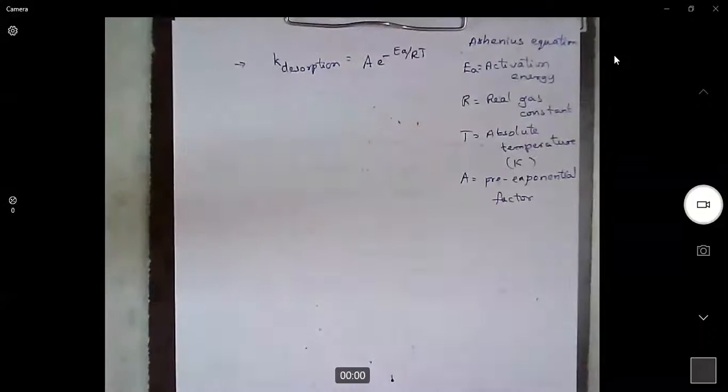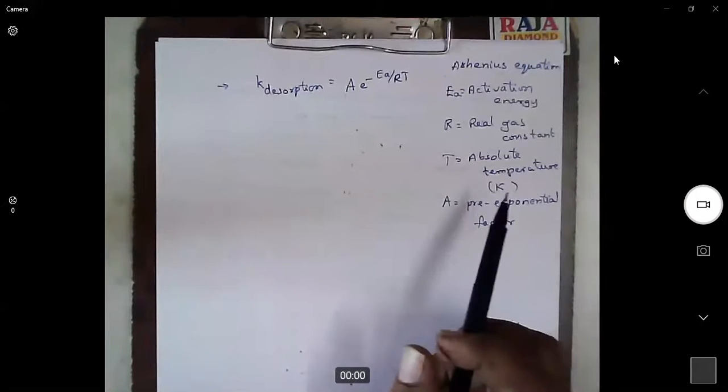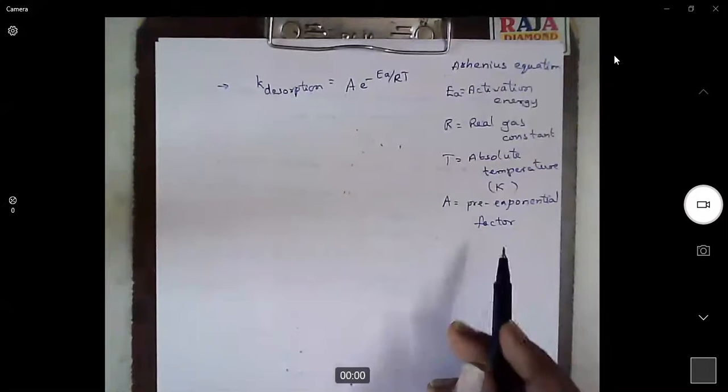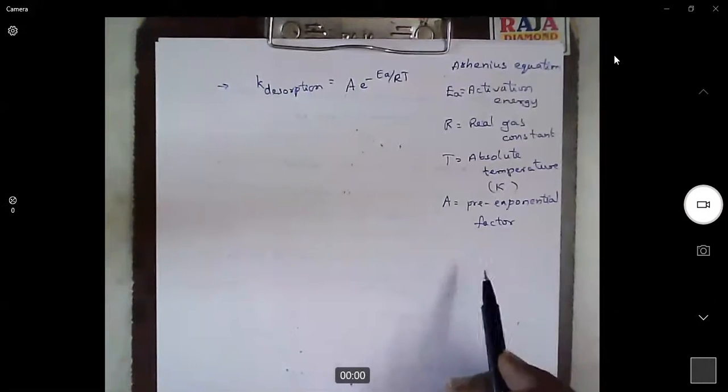It is called the Arrhenius equation. In this equation, EA is called activation energy, R is the real gas constant, T is absolute temperature, and A is a pre-exponential parameter or factor.